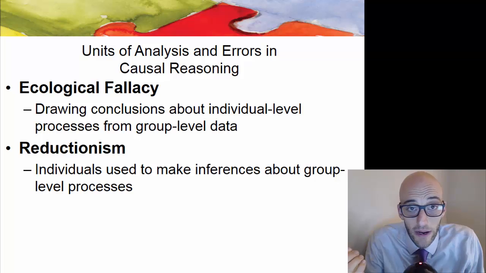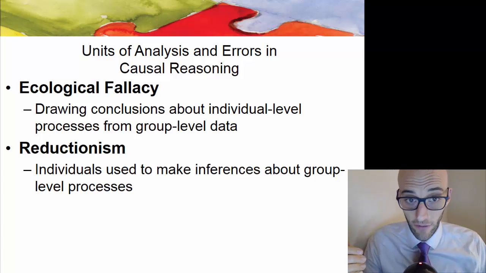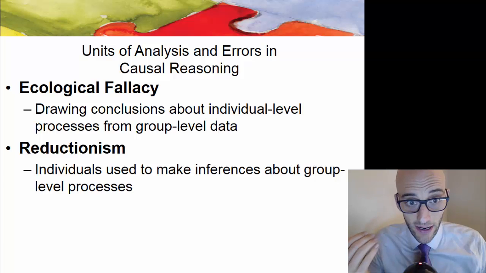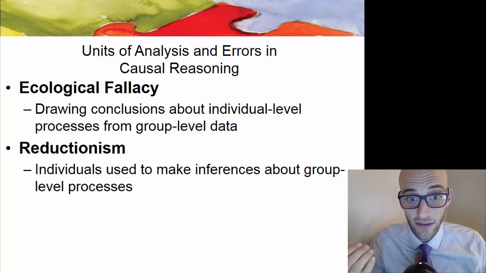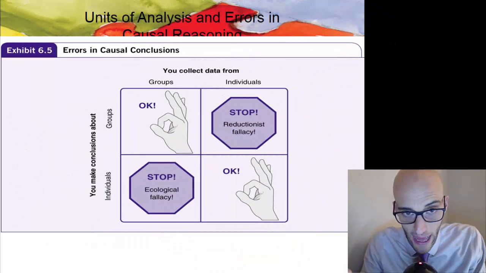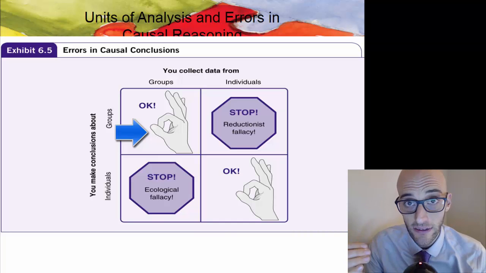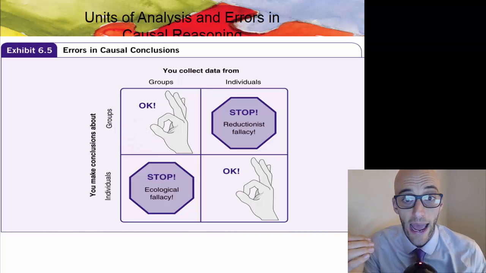It's also important to point out two common fallacies within research. The ecological fallacy is drawing conclusions about an individual level process from group level data. And the flip side of that is reductionism, where we use individuals to make inferences about a group level process. This is just a diagram to illustrate that point. If you're taking information about a group to make conclusions about a group, then that's okay.